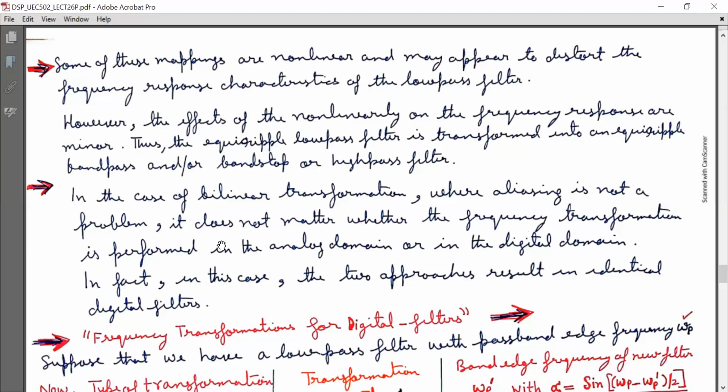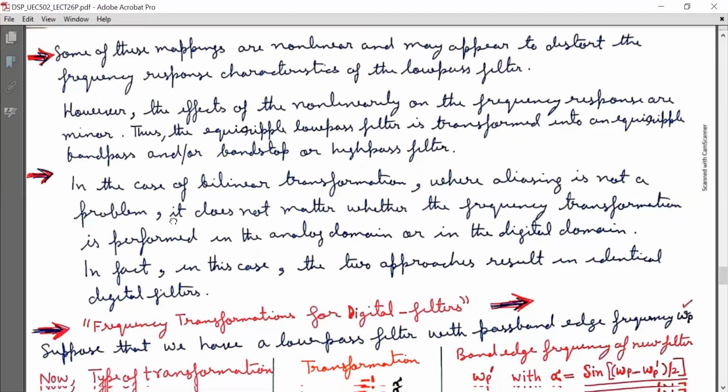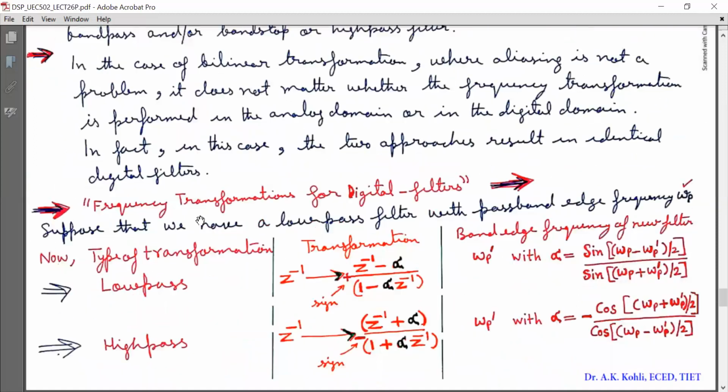So in case of bilinear transformation, I can transform the filter in the analog domain or in the digital domain. Both approaches result in identical digital filters. Now the frequency transformation for digital filters.